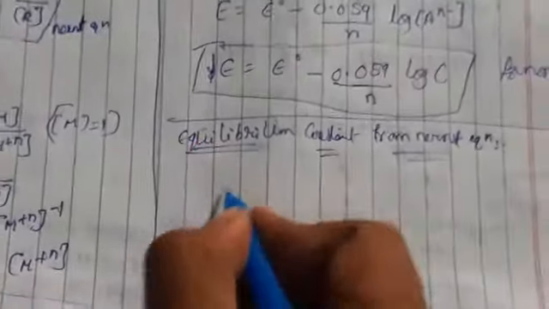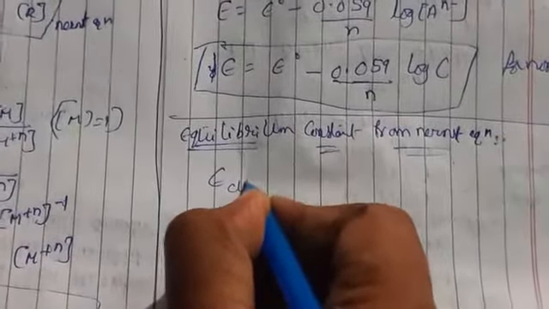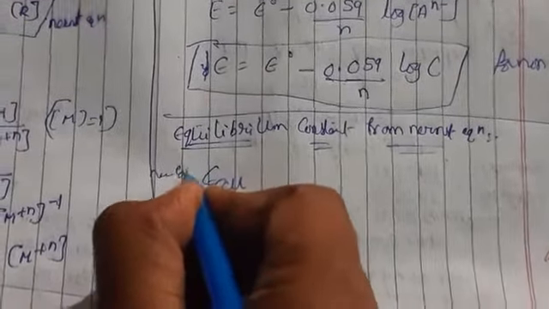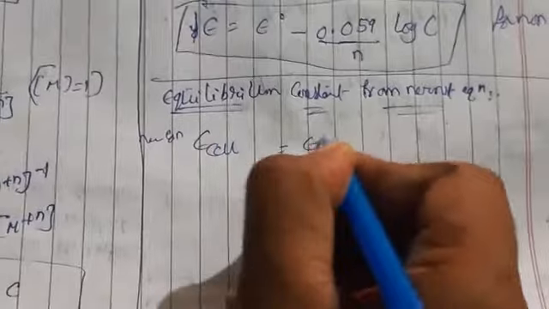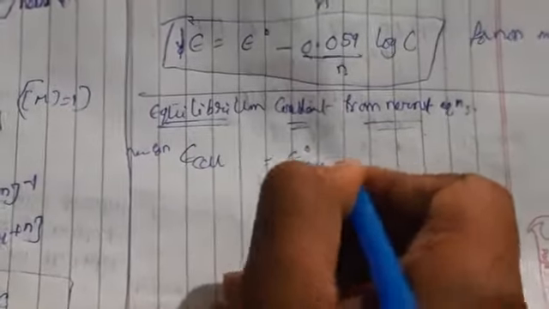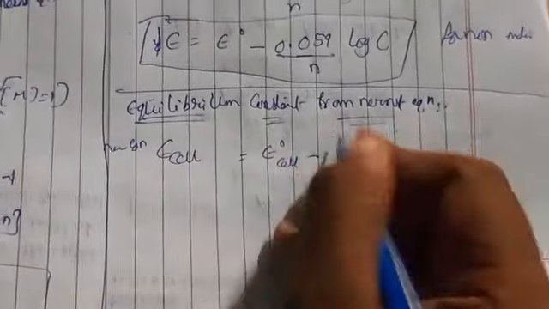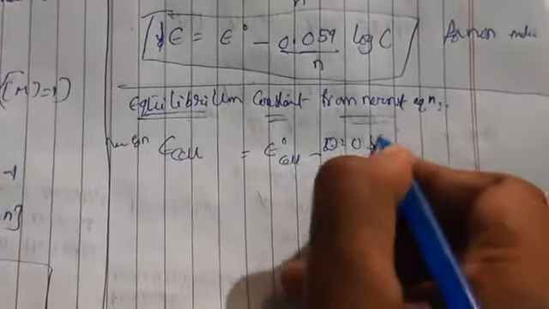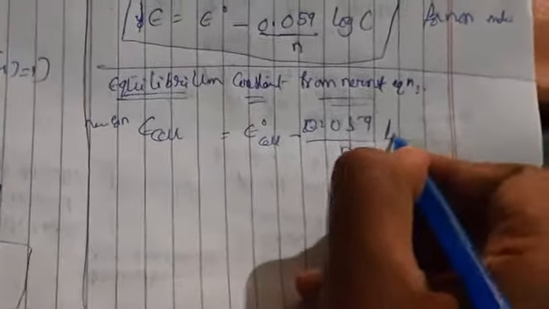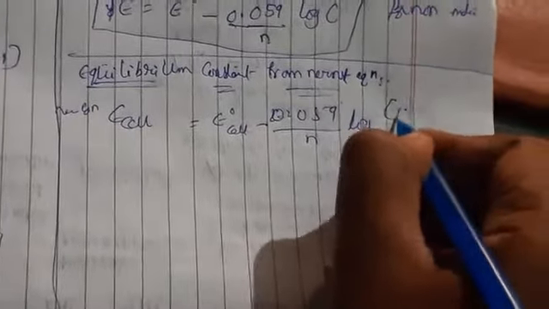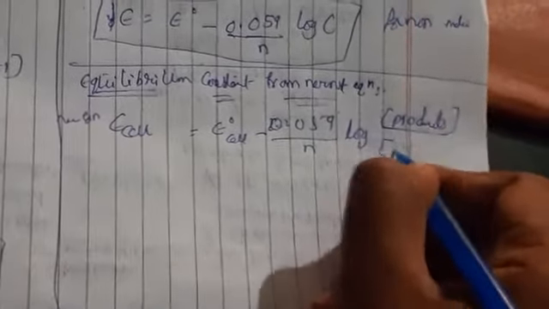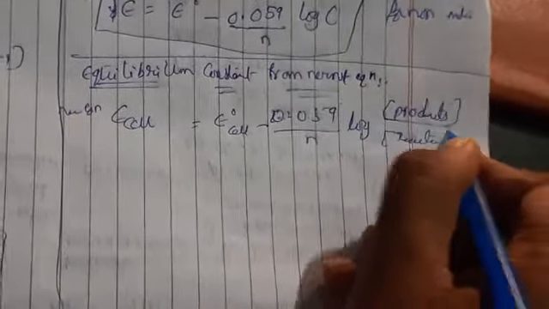Generally, what is the Nernst equation? E cell is equal to E naught cell minus 0.059 by n into log of the concentration of products by the concentration of reactants.